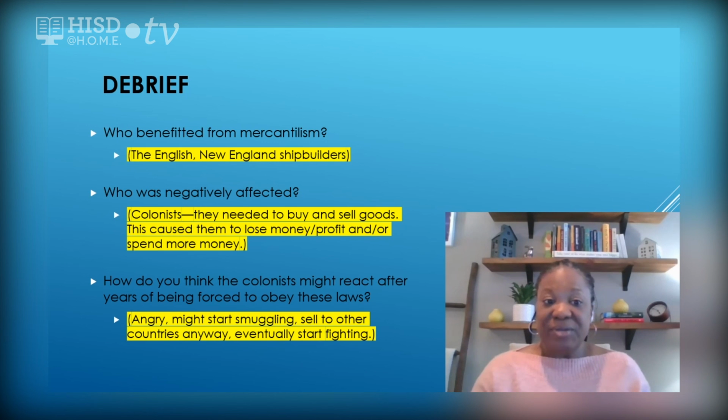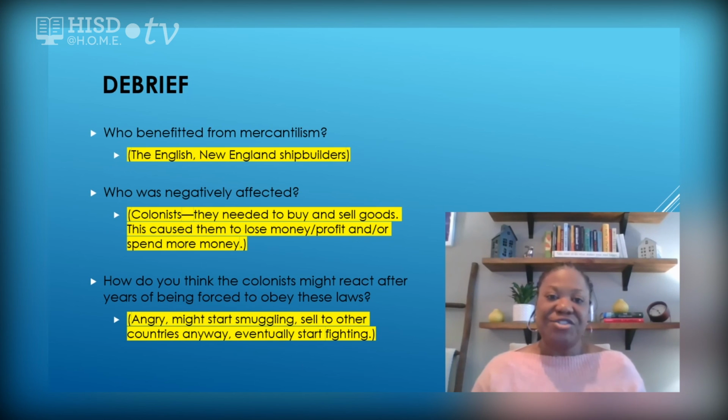Let's look at the third one. How do you think the colonists might react after years of being forced to obey these laws? How do you think you would react to this? Probably angry. I think I would be probably angry, and you might start smuggling to start selling to other countries. You don't want to start that, but it is a possibility if you really need to make a profit.